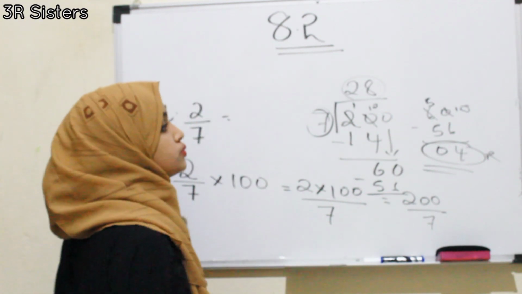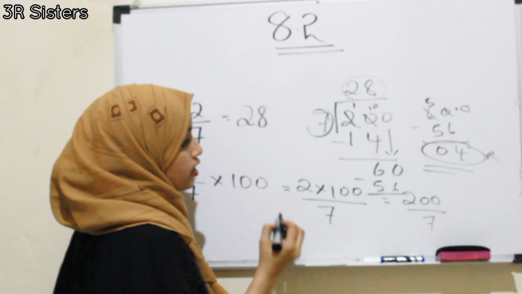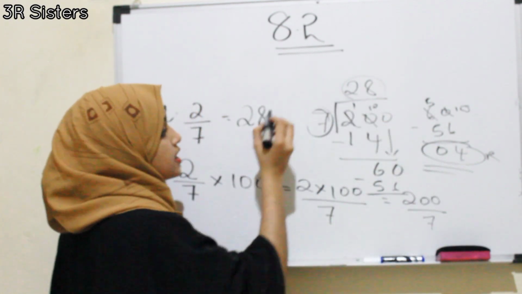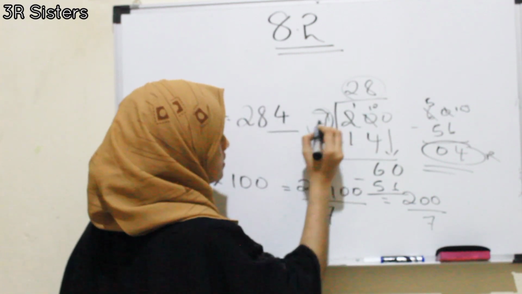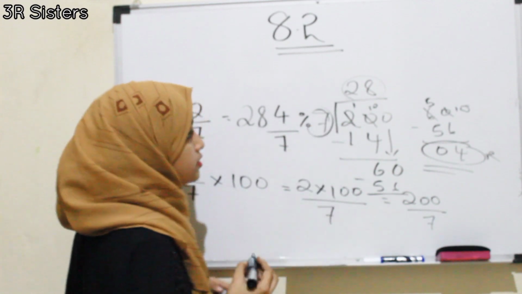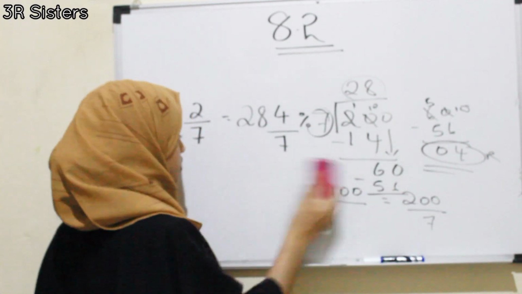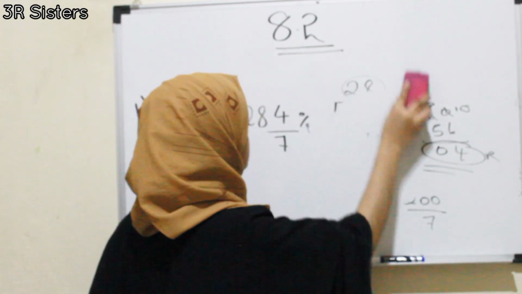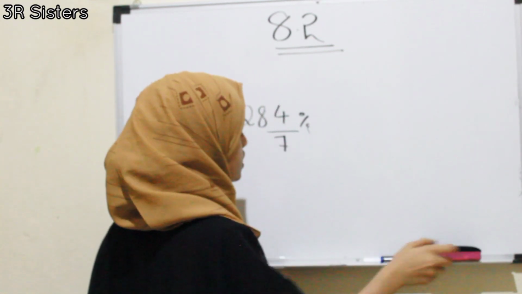Now this 28, we'll write it over here, and this 4, we can write the answer as a mixed fraction. Write the 4 over here and the 7 over here. So this is the answer. We got 28 4 by 7 percentage.